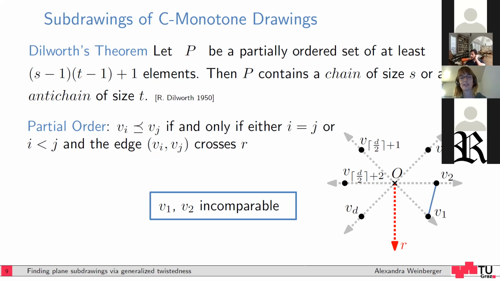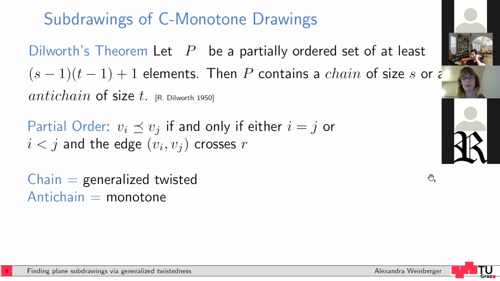Once we've shown that, it is easy to see, by this definition of two vertices being incomparable if they don't cross R and comparable if they do cross R, that if we have a chain in this partial order, then we actually have a generalized twisted drawing of the complete graph. If we have an anti-chain, it is a monotone drawing.